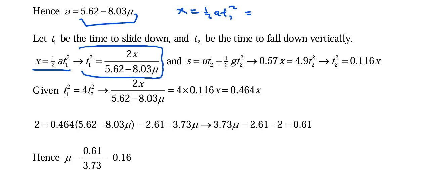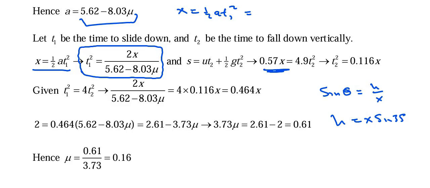Now we are told that this time here is twice the time that it moves in the vertical direction. So we're going to create an equation for h. And we know what h is because we created this. We said sine theta is the same as h over x, meaning h is simply x times sine 35. That's what you are seeing here, that's 0.57.